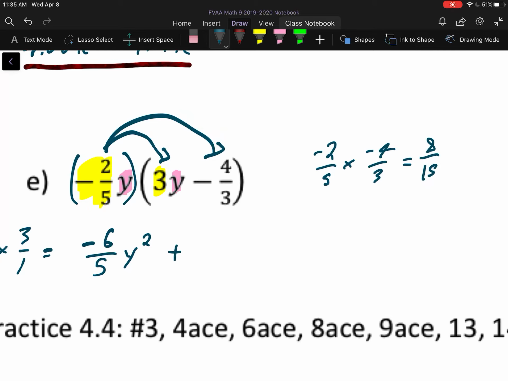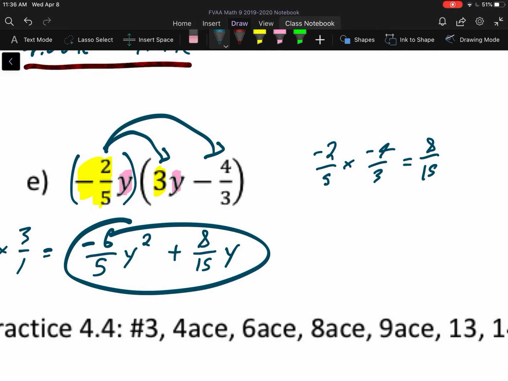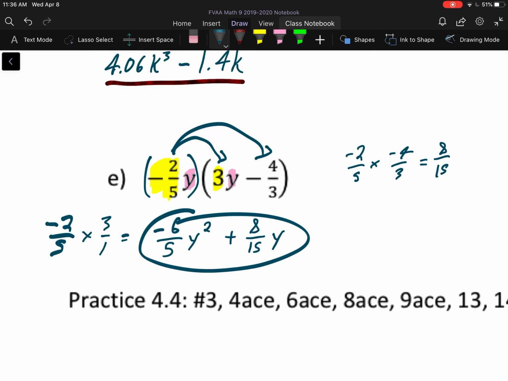So plus 8 over 15, and then it's just the y on that side. Okay, and that would be your final answer. Because you're multiplying here in the second step, we multiplied this coefficient by this coefficient for this second step. All right, you're just multiplying fractions left to right.